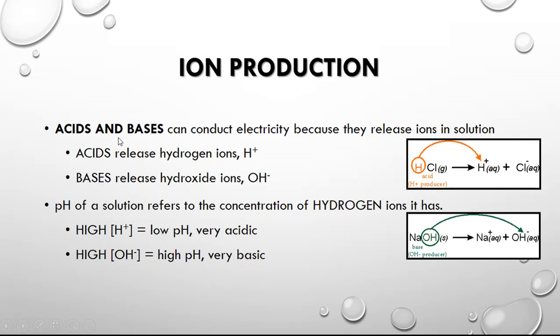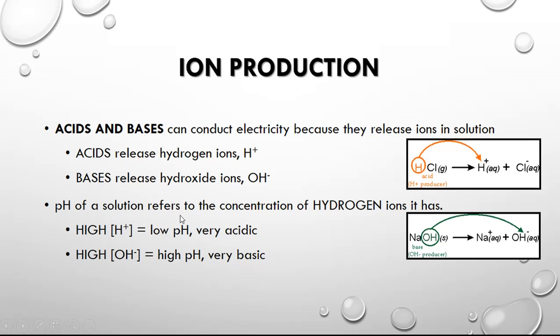Acids and bases can conduct electricity, and the reason for that is that they release ions in a solution. Acids release hydrogen ions, while bases release hydroxide ions. This shows the release of the hydrogen ion in an acidic solution, and the lower one pertains to the release of hydroxide in a basic solution.